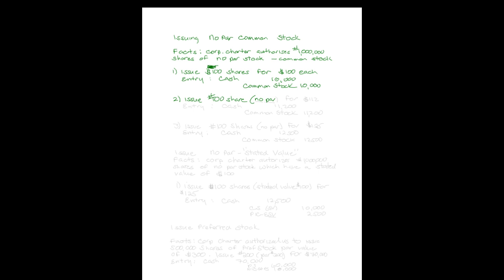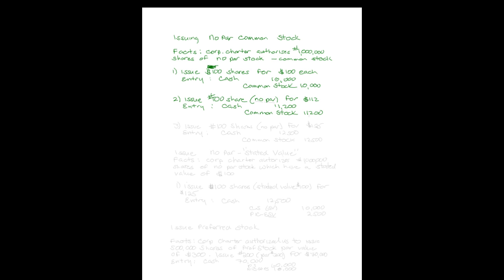We issued 100 shares of our no par stock for $112 each. How would that entry look? It's going to change from our last one. Our cash will be 11,200, and our common stock will also be 11,200.